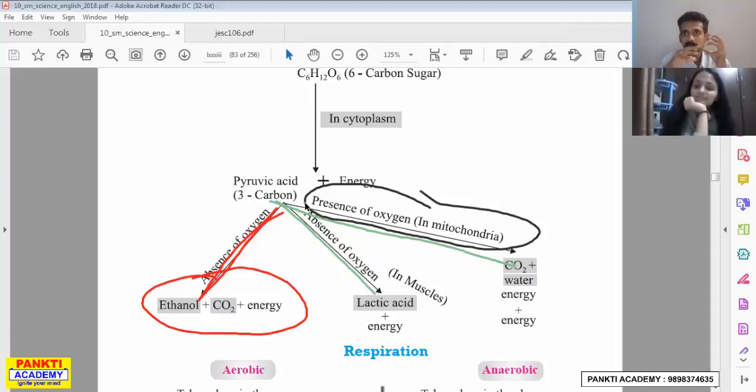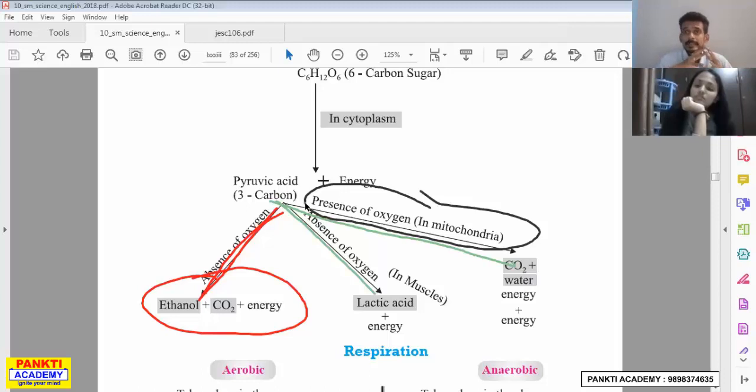It is one type of condition where you can't walk properly. So why does this happen?